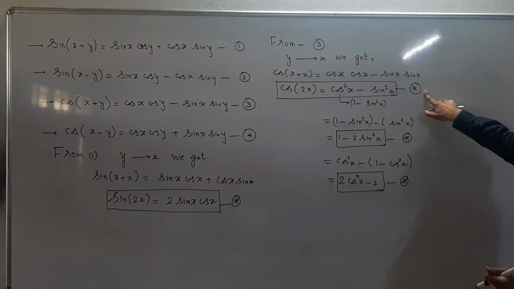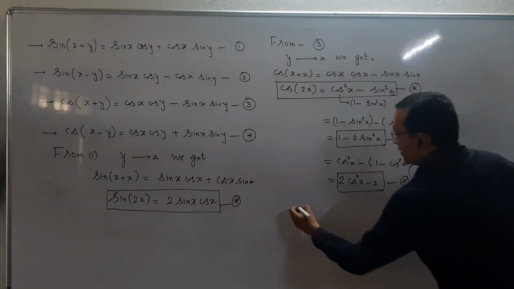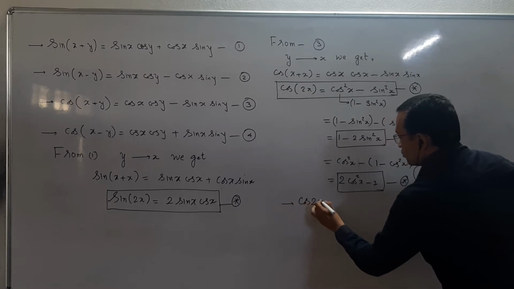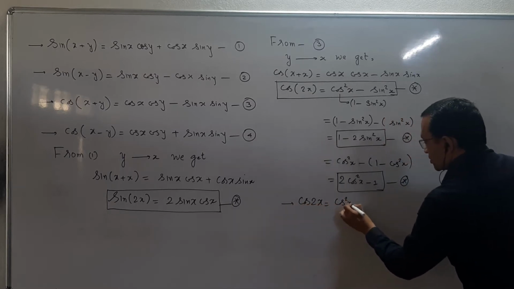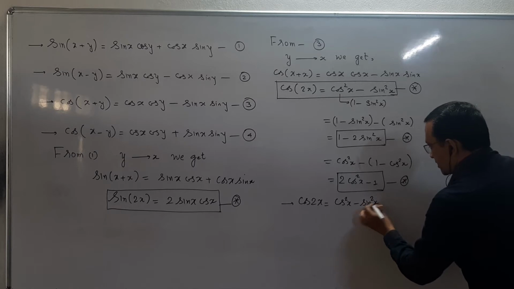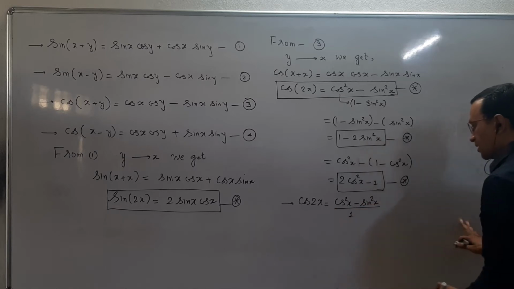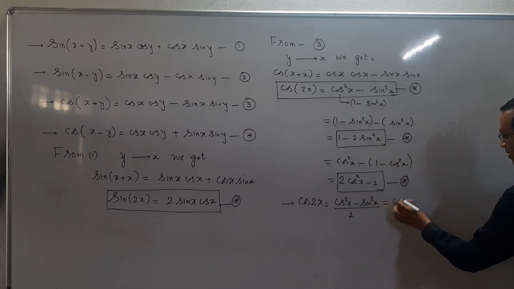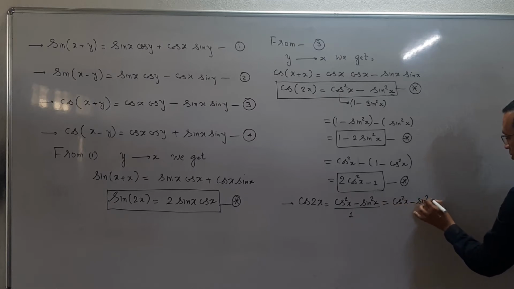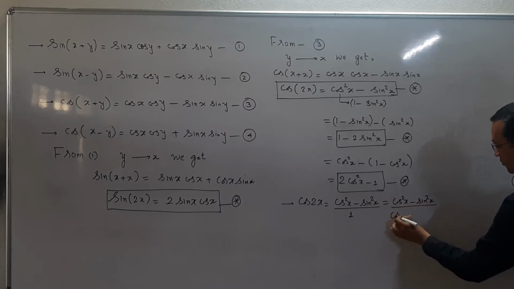From this equation, this already we have, students. Cos 2x is cos square x minus sin square x upon 1. Instead of 1, I am writing cos square x plus sin square x.